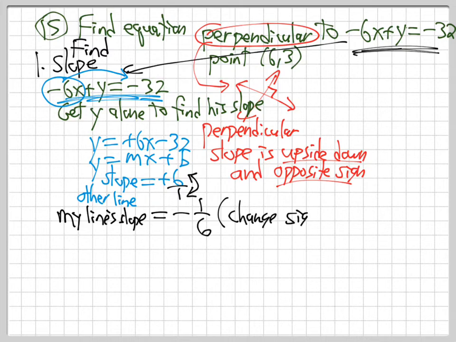Change sign and flip because it's perpendicular. That's what they said in the beginning. They said our line is perpendicular to that line. So I took that other line's equation, got y alone, found his slope, and then flipped him and made it negative instead of positive. So our slope must be negative 1/6.